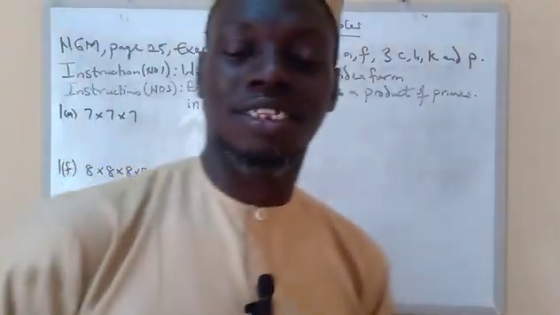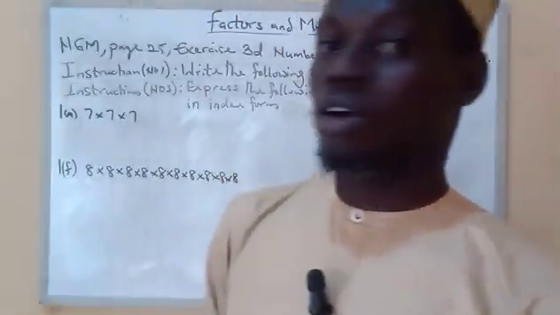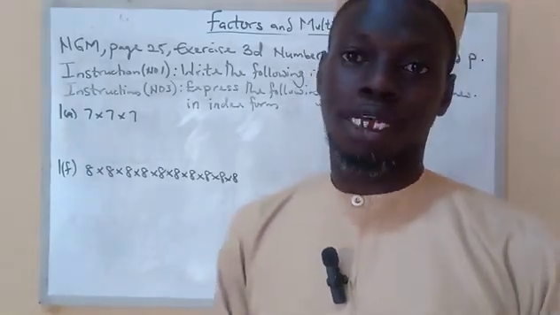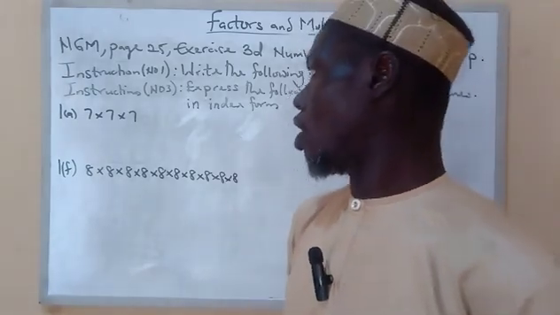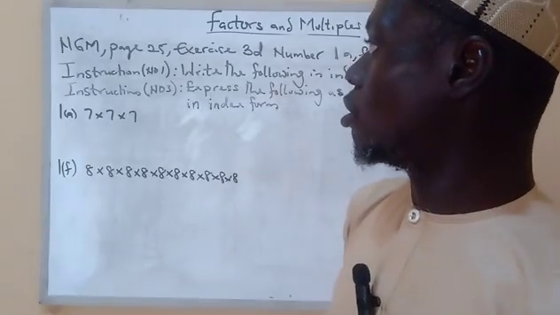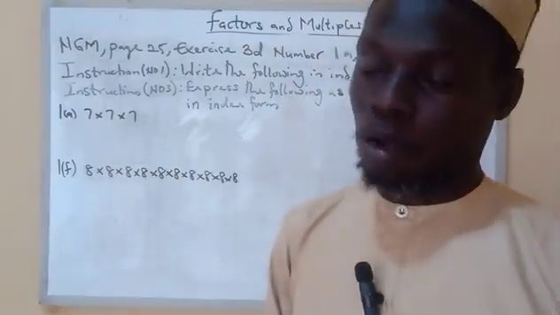Hello everyone. So we quickly move to the next exercise of the New General Mathematics Book 1, page 25. Please kindly open your own at that point, page 25, exercise 3D. So we are starting with question number 1.